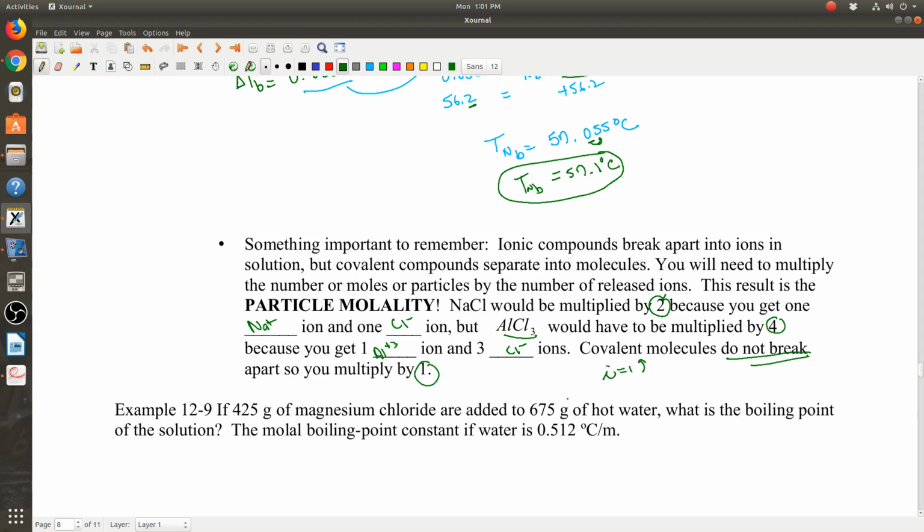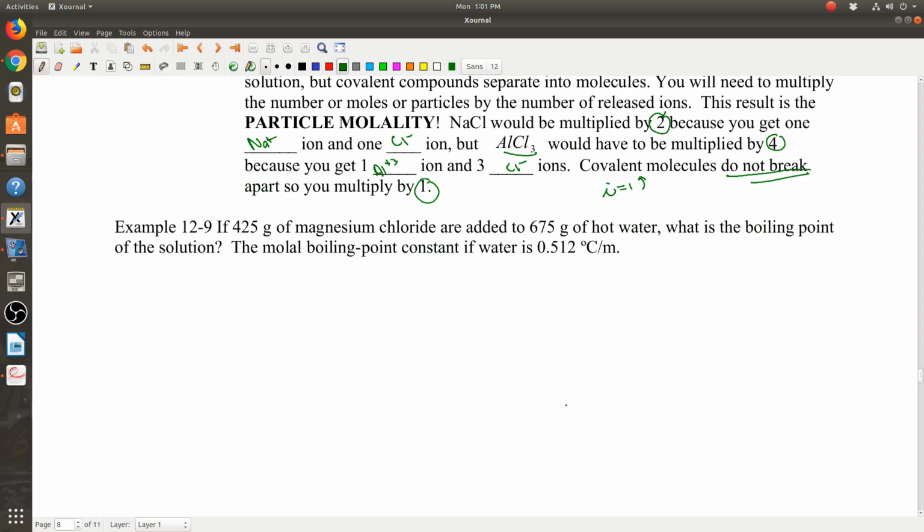All right, let's do this next one. If 425 grams of magnesium chloride are added to 675 grams of hot water, what is the new boiling point? All right, and we have to figure out which one is the solvent and the solute. In here, the solute is what you have less of.